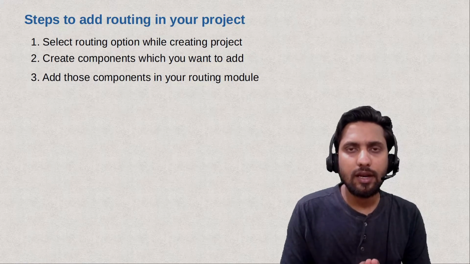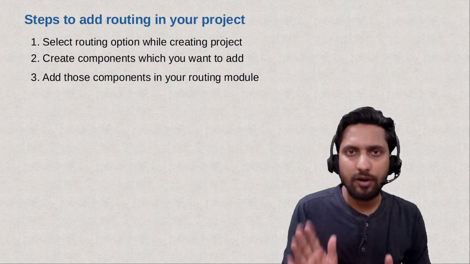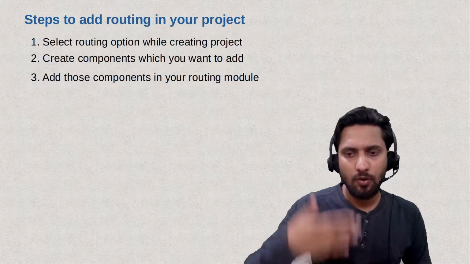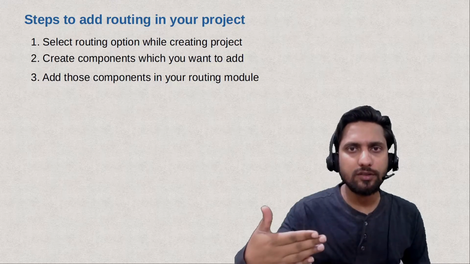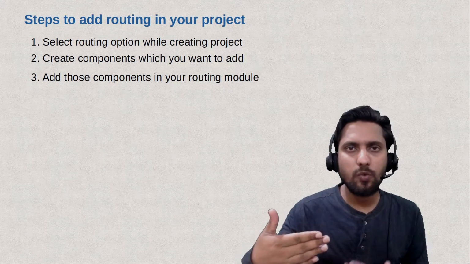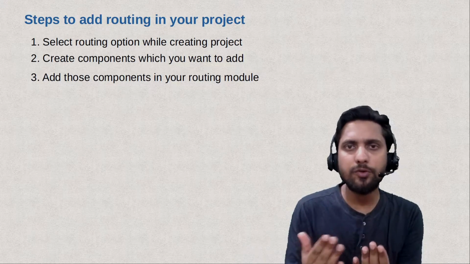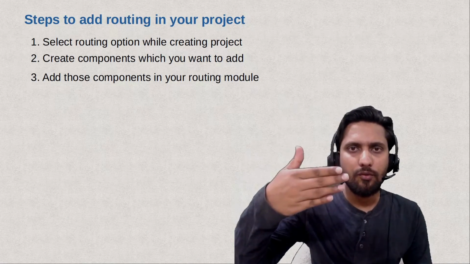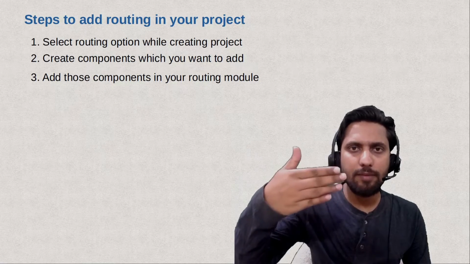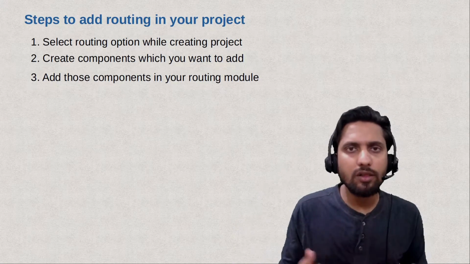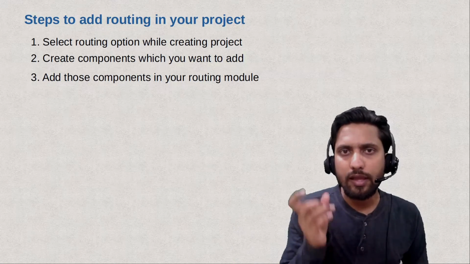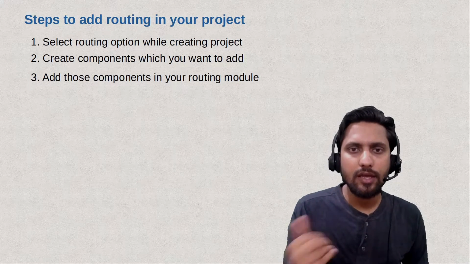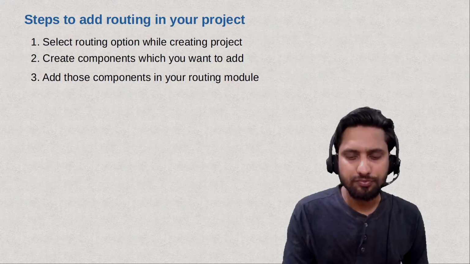Like, there are 4 components in your project: header, footer, home component, about us component. We just want to navigate from home to about us. Header and footer components should remain the same for all the components. So we will add the home component and about us component in the routing module.